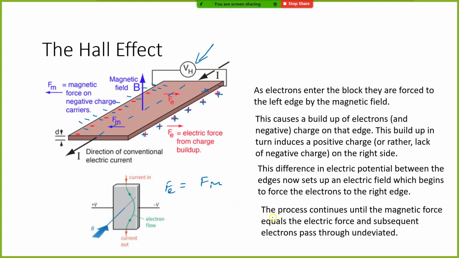But this is the part that says that the process continues until the magnetic force is equal to the electric force, and subsequently electrons pass through undeviated. All right, so we're going to just derive an equation for our Hall's voltage.